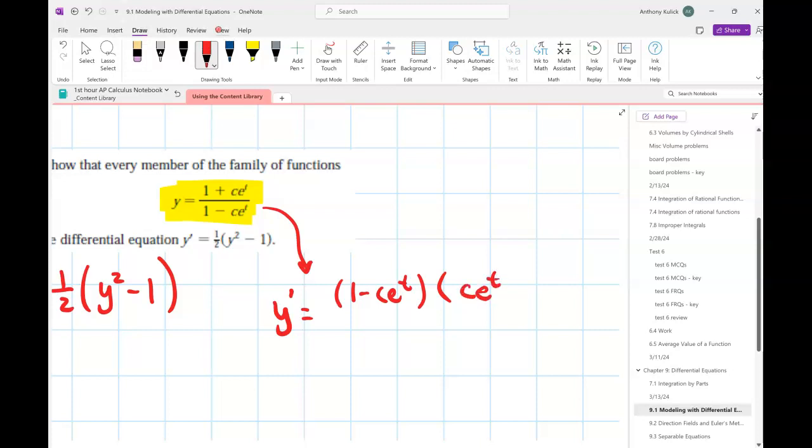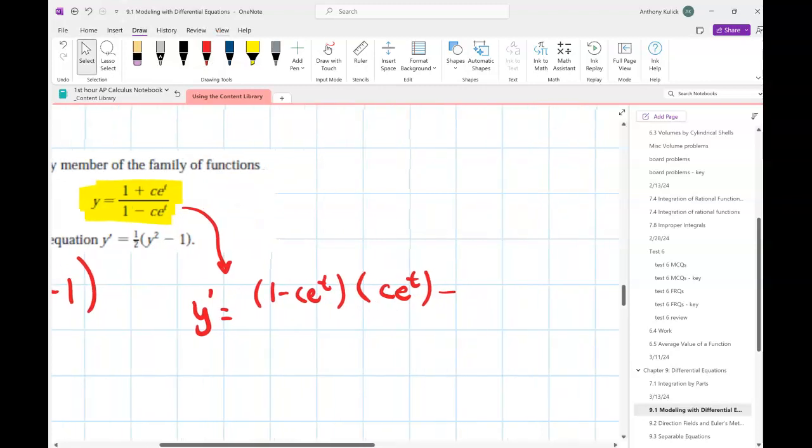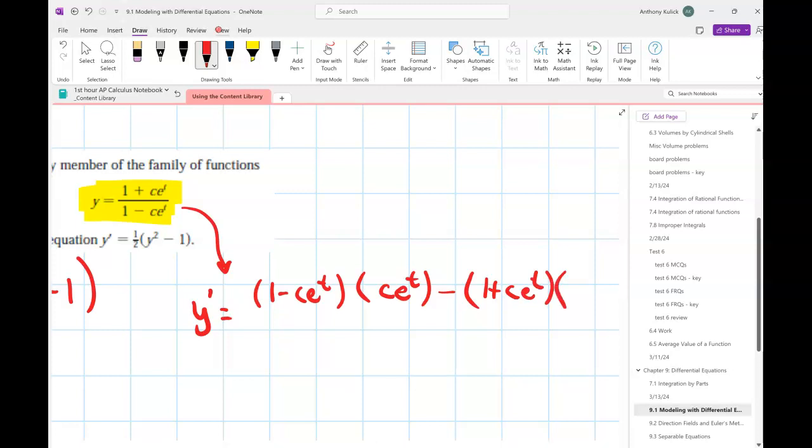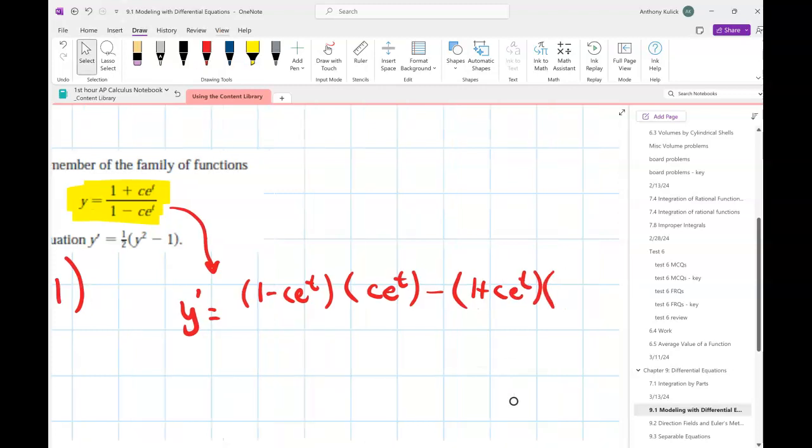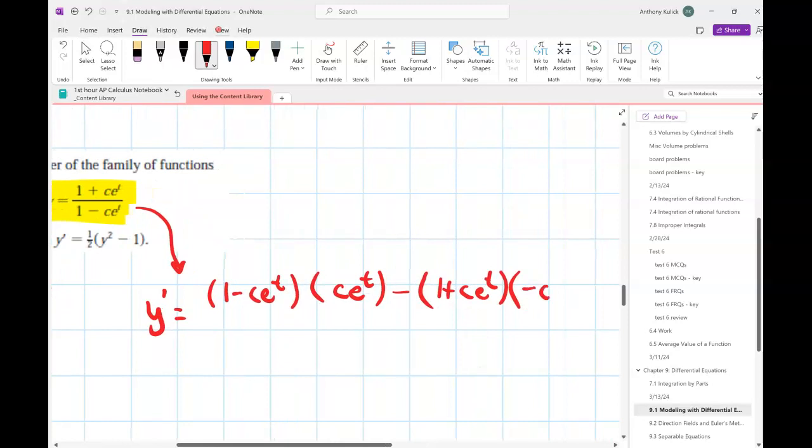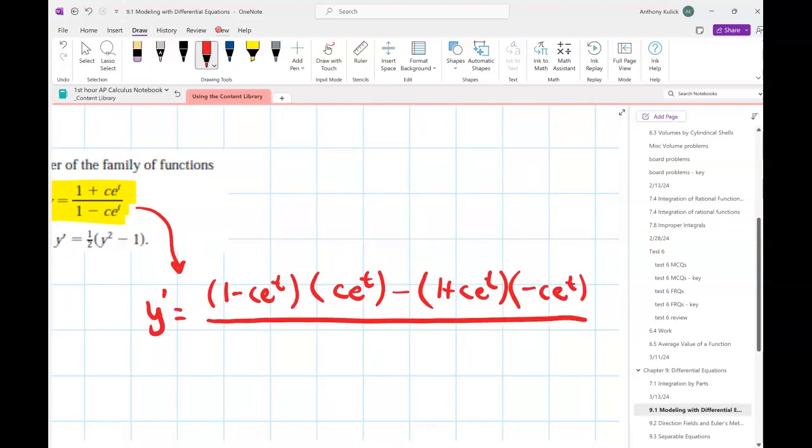C times e to the t. Then it's minus the top times the derivative of the bottom. What's the derivative of the bottom? Negative c e to the t, all over the denominator squared. Excellent.